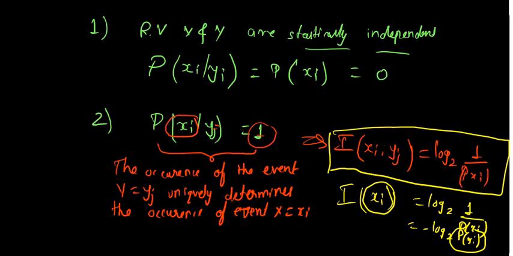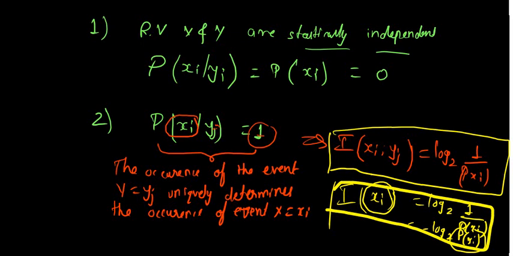And this is very important. Let me give one intuition of this mathematical term, what does this mean? It means that the information we get from the occurrence of any event is written as minus log to the base 2 of the probability of occurrence of that event. So what does it mean?